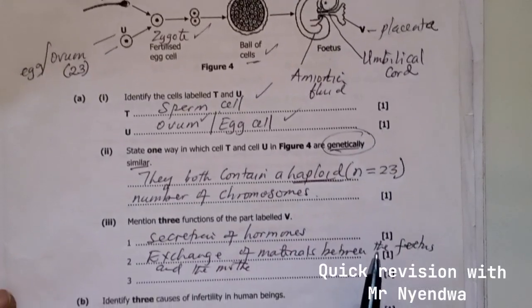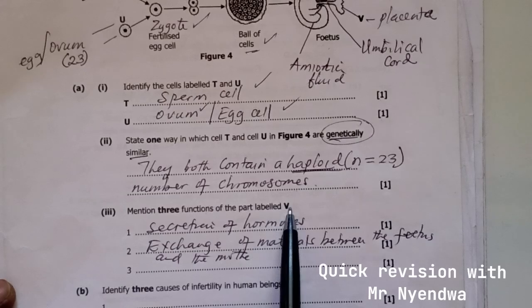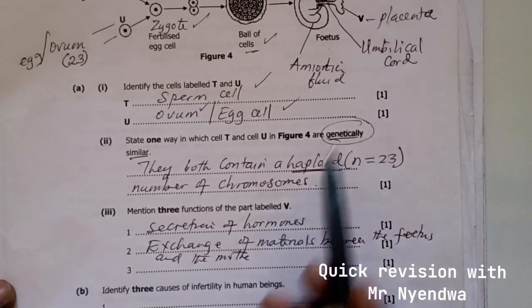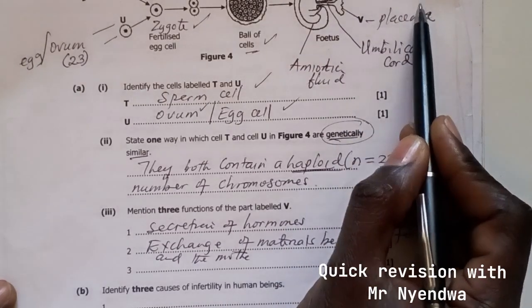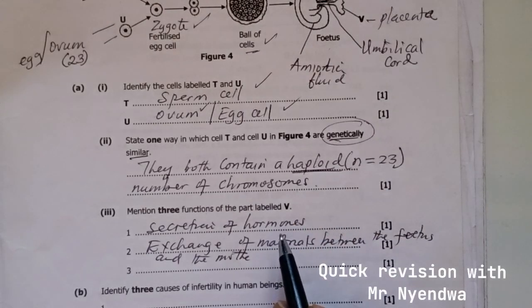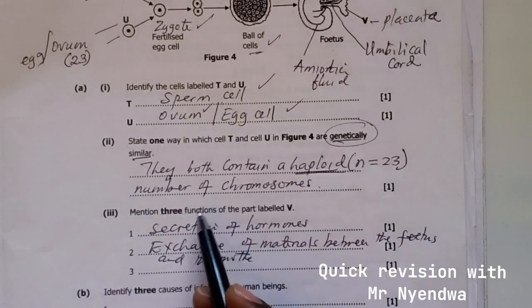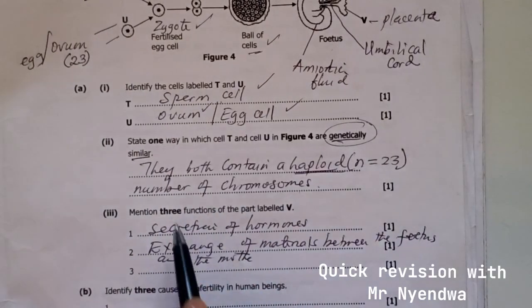Then the other question says, mention 3 functions of the part labeled V. In this case, the part labeled V is simply the placenta. So in other words, what are the functions of the placenta? There are a lot of functions of the placenta which you need to know.